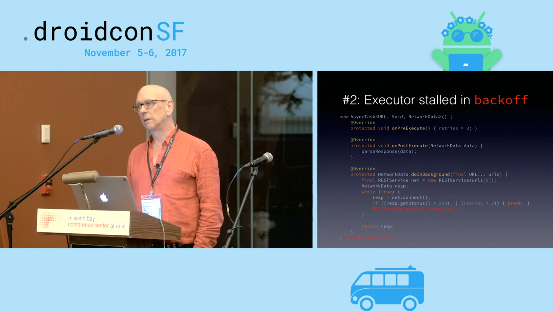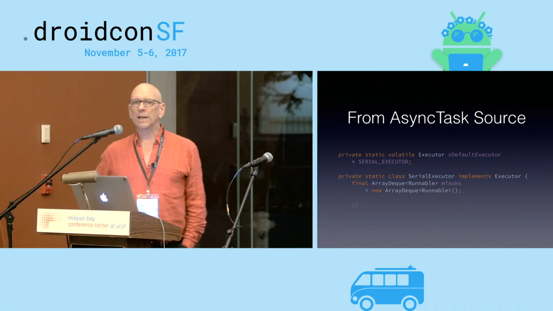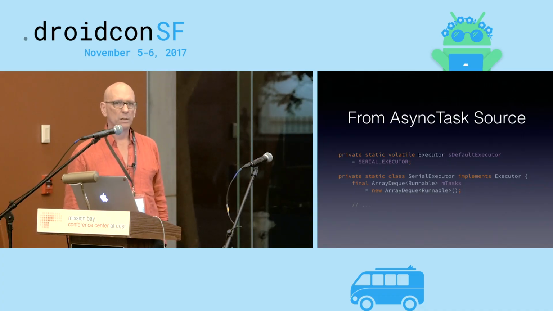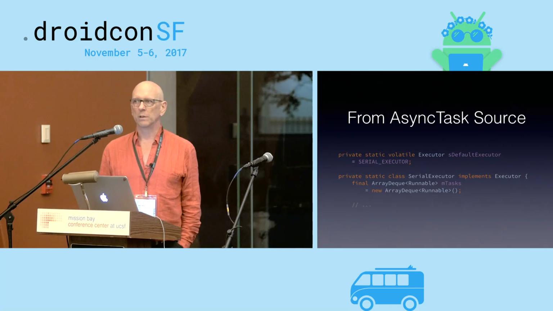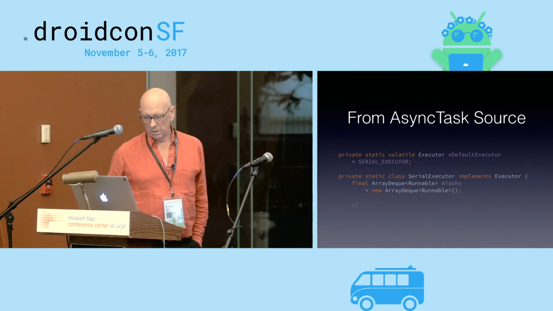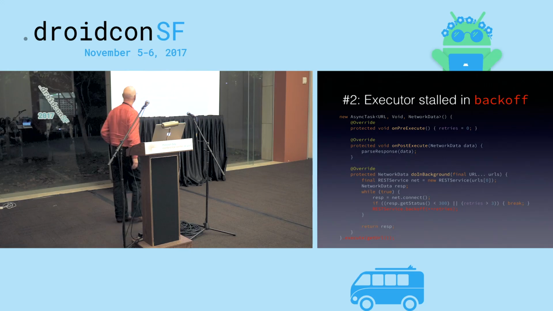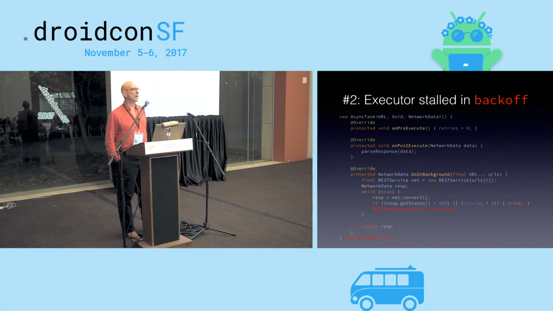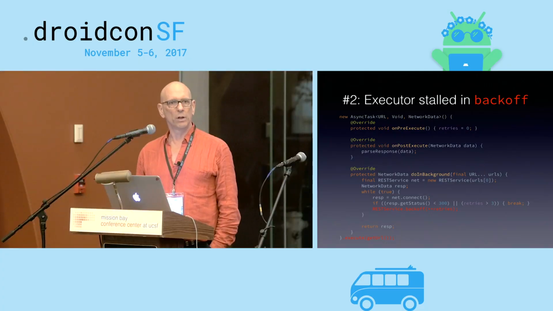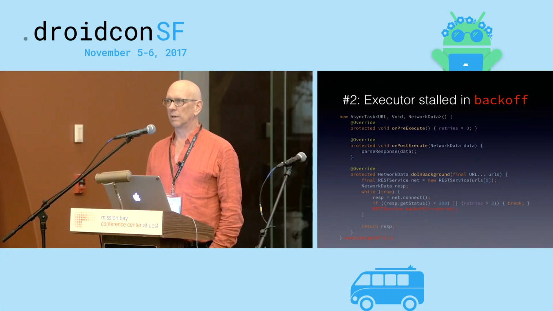It's worse than that. Unless you did something really smart, you've delayed all async tasks. Now this isn't impossible to fix at all, but this code is using execute. It is executing this task on the default executor.